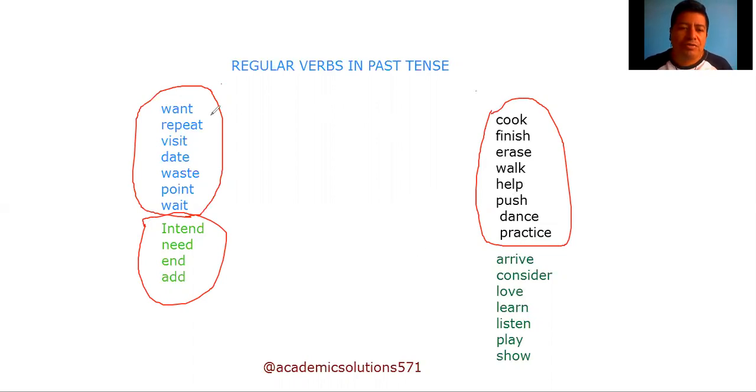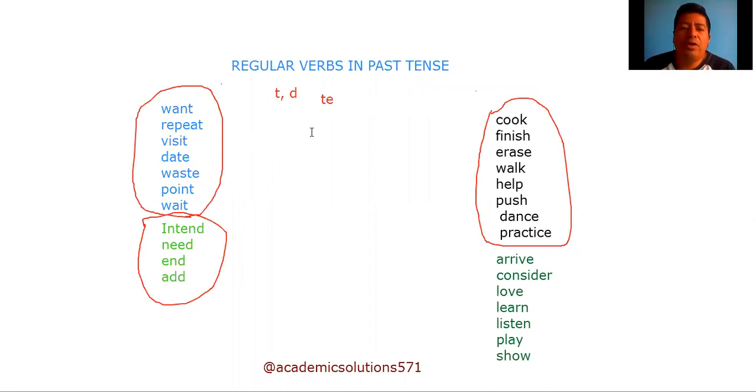I want to concentrate on the first two groups because they have a specific sound when they are put into the past tense. So I am going to concentrate on the verbs that end with T, D, or the sound of T, as for example date, that sounds like a T at the end.